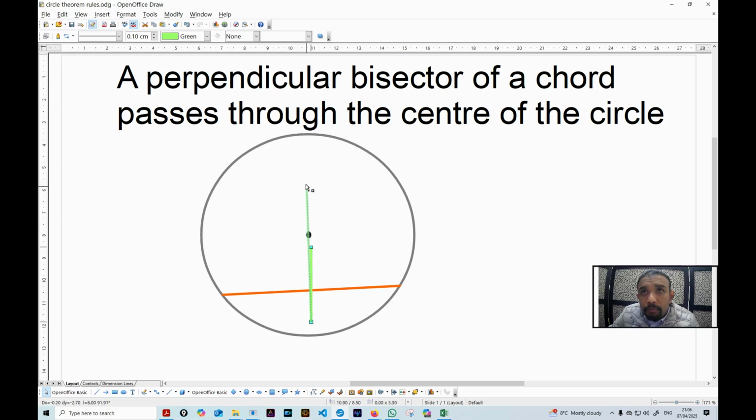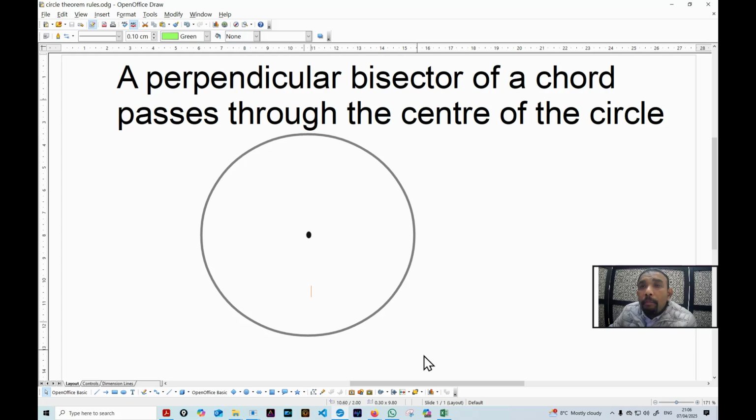It must pass through the center of the circle. That's the meaning of rule number 3.